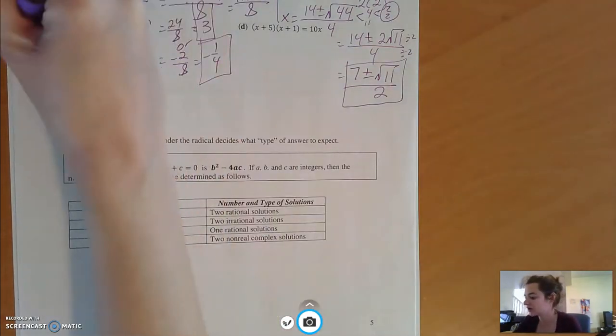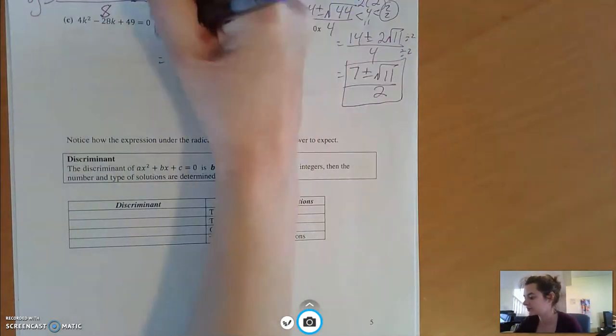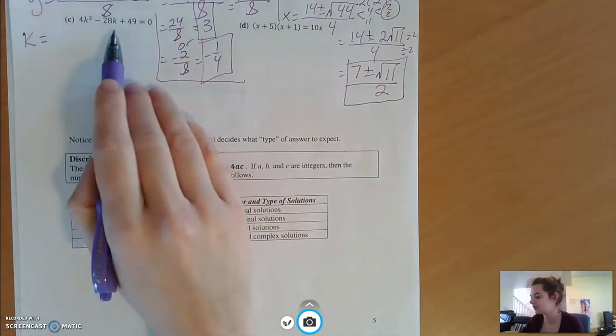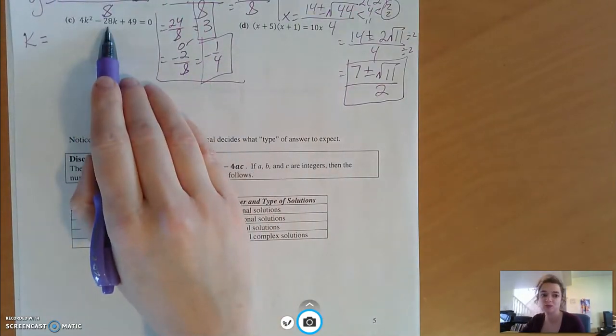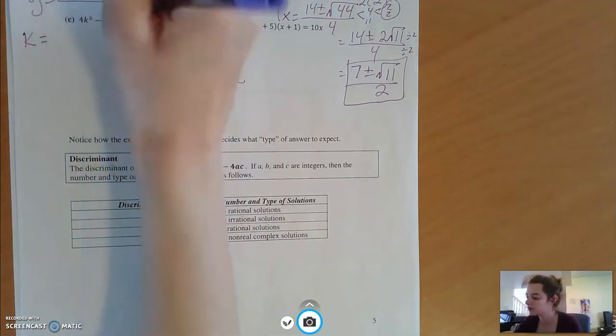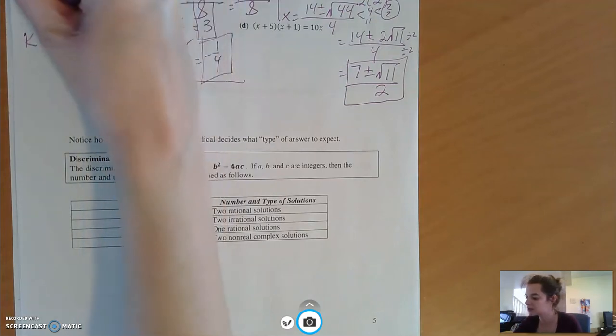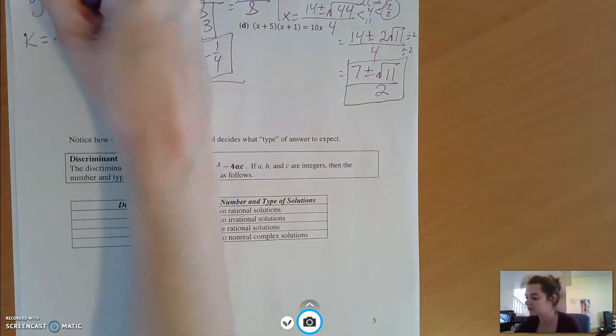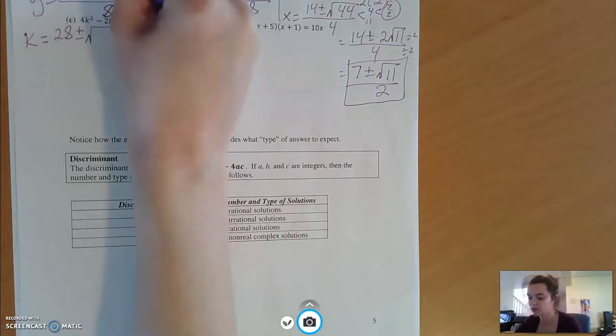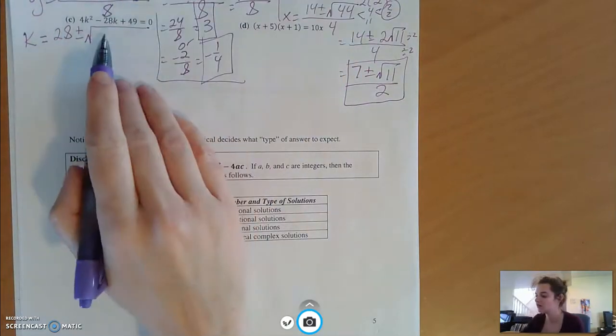So using the quadratic formula, I'm going to have k equals the opposite of b, which for us would be negative 28. So the opposite of negative 28 is positive 28, plus or minus the square root of b squared.